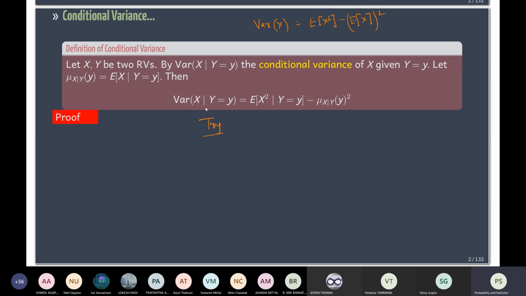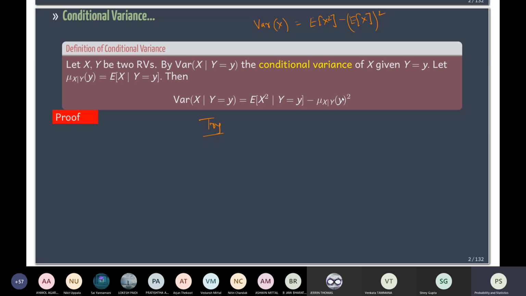Now here, note the changes. Here we are talking about variance of x given y equals y, and this is expectation of x squared given y equals y, minus expectation of x given y.